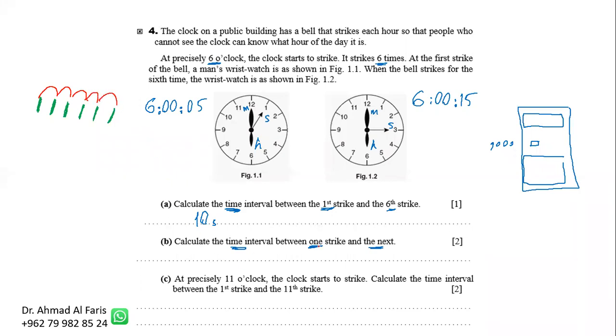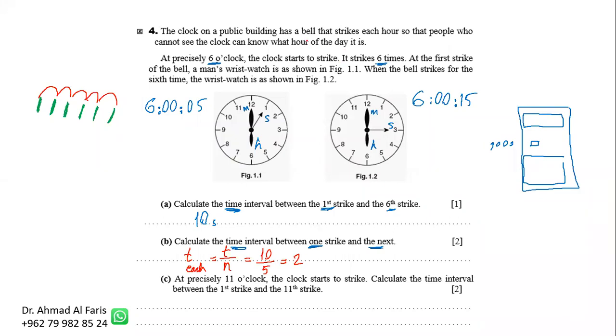So how much is the time for each time interval? The time for each interval is equal to the total time divided by the number of time intervals. The total time is 10 seconds divided by 5, so the answer is 2.